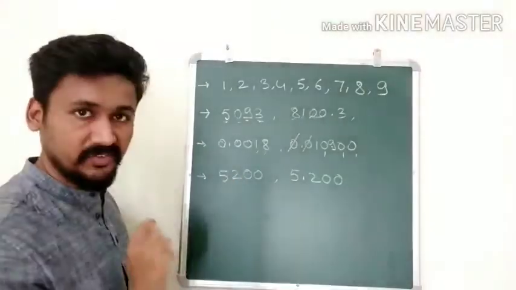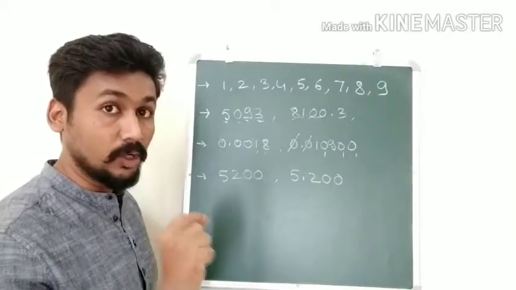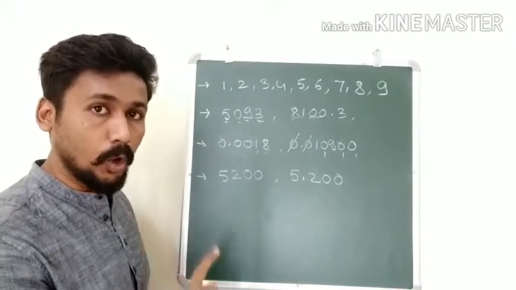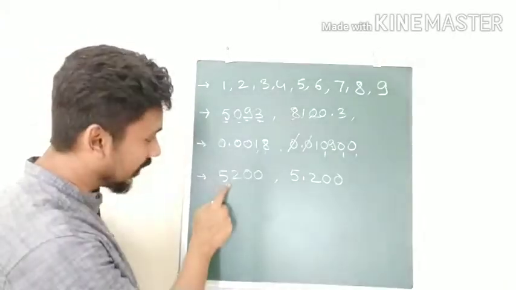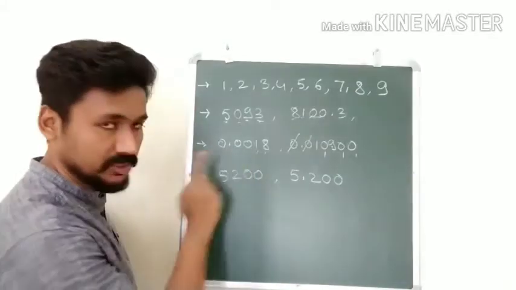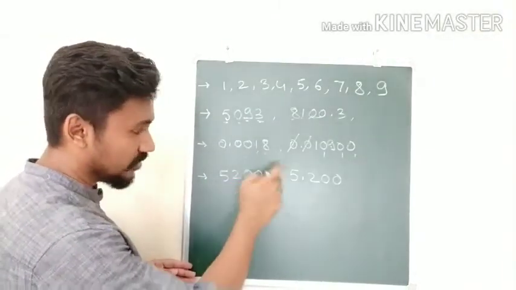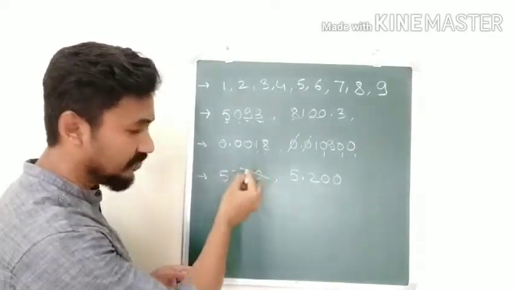Next, rule number 4. If the number is not having a decimal point, okay, if there is no decimal point, then all the zeros towards the right hand side will not be significant. So we have a number 5200. There is no decimal point and the zeros are after 2. These 2 zeros will not be significant. So how many significant figures?